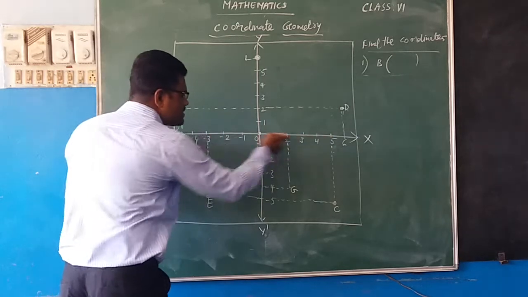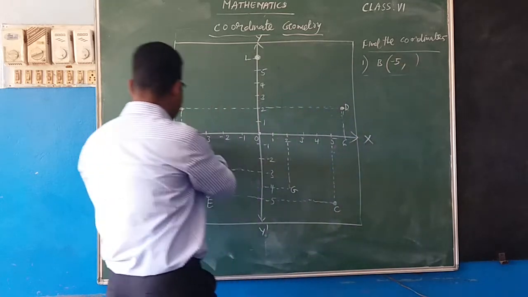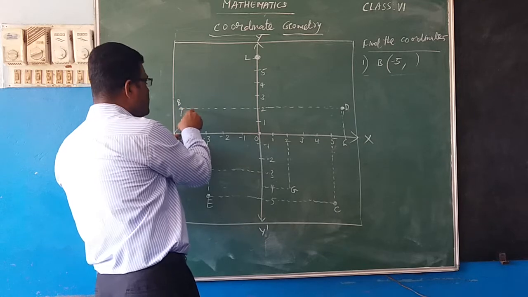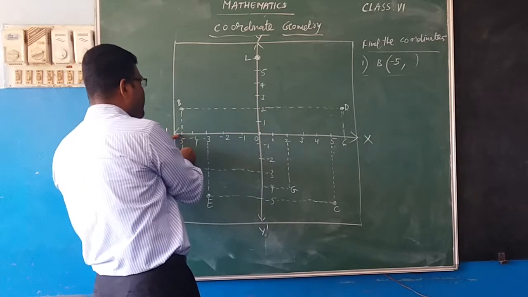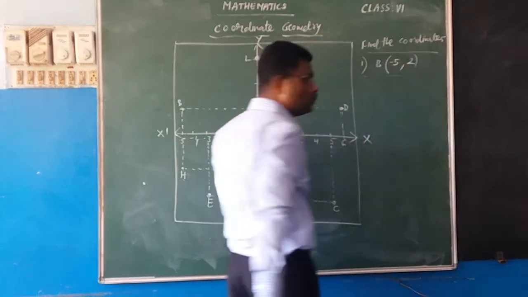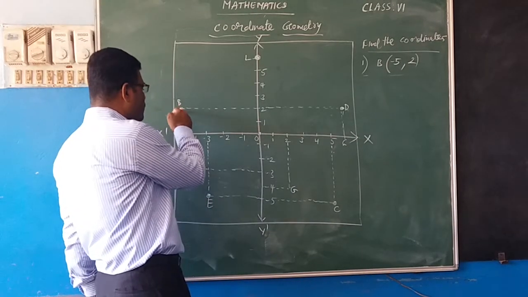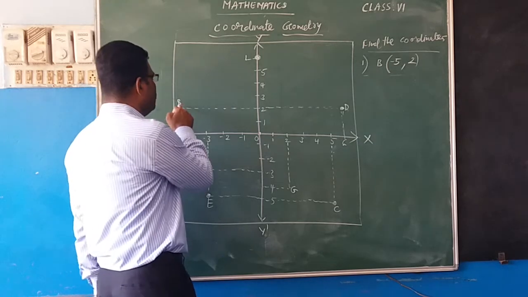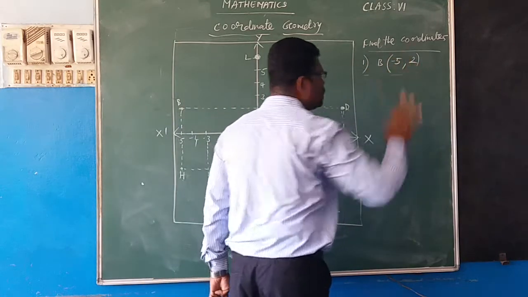On the x-axis it is minus 5. The y coordinate is where it touches the y-axis, at 2. Understood? For this point, it touches the x-axis at minus 5, that is the x coordinate. It touches the y-axis at 2, so the y coordinate is 2.